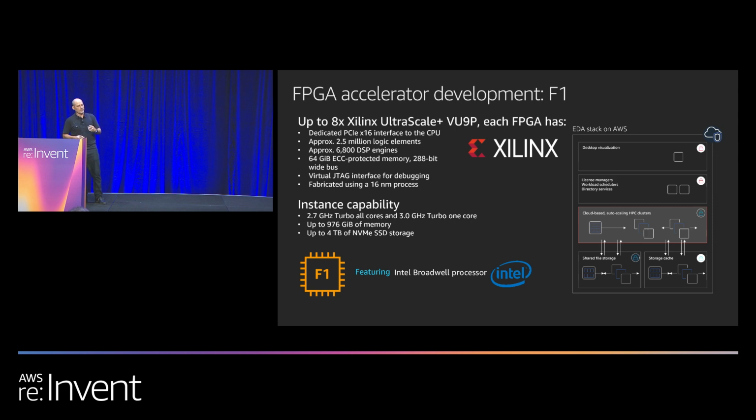So if you have a partner that made a particular image design or image processing software that you know that you can use, you just go out to the marketplace, you pay for that AFI, and it's loaded right up on your FPGA, and now you have this accelerated workload very quickly. And you can do the same for yourself. If you have a project that you know that others would find useful, you can make your own AFI.